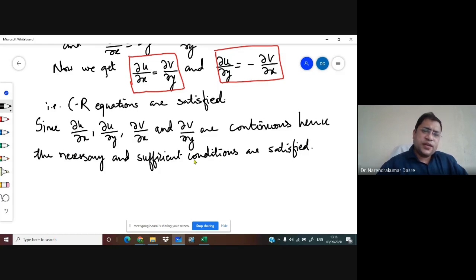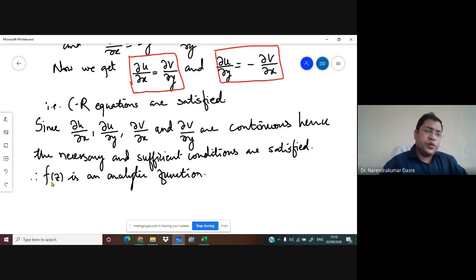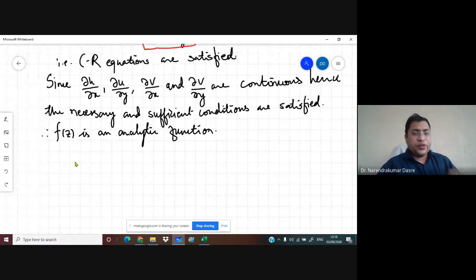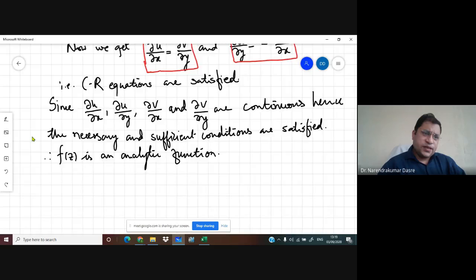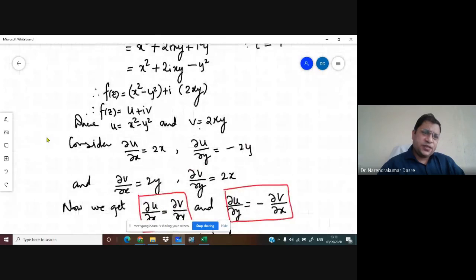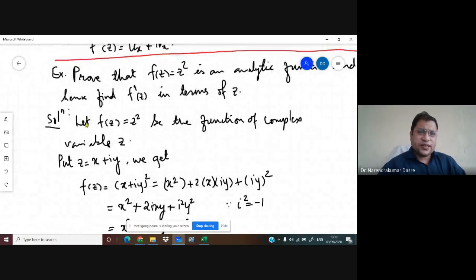So you got the necessary and sufficient conditions satisfied, and hence you can say f of z is an analytic function. So we proved that the necessary and sufficient conditions are satisfied, and hence the function is going to be an analytic function. So that was our second step.